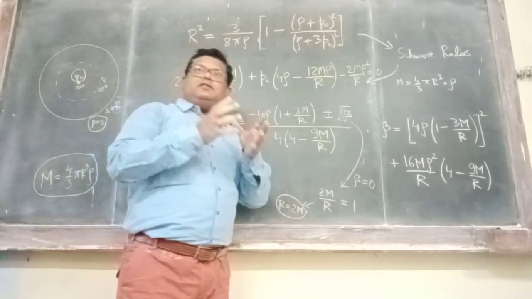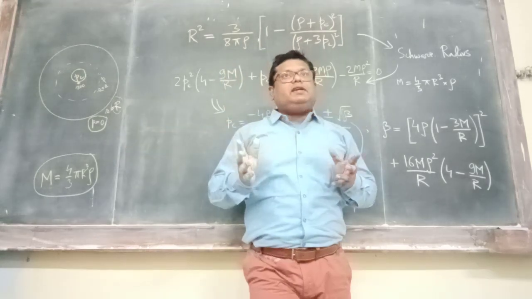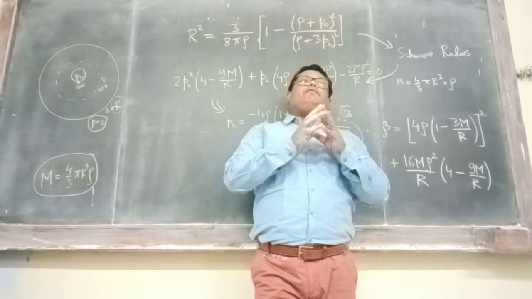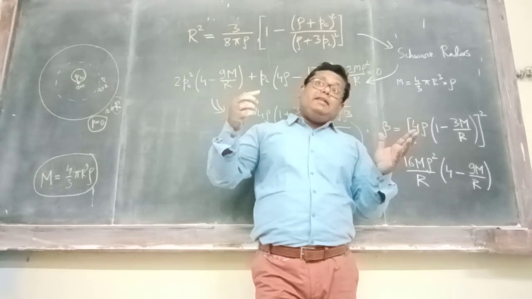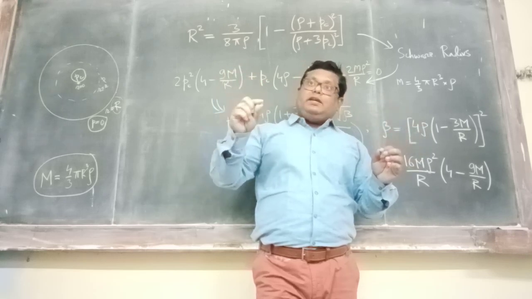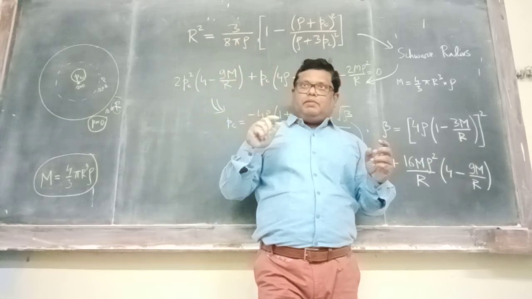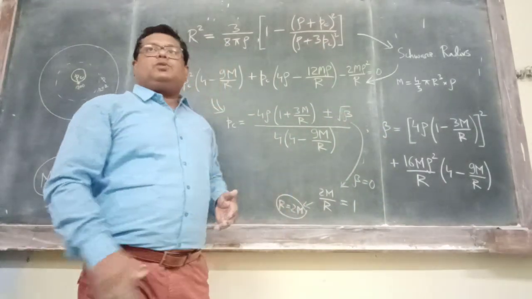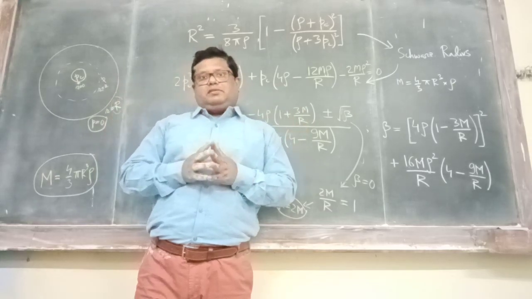So by solving the TOV equation with constant density, we have not only obtained the expression for pressure, we have also obtained the maximum m by r limit. It wasn't just m, it was also m by r, but r is related to constant density, so basically you can say the maximum mass. And next we arrived at the concept of the Schwarzschild radius. So these are the two very important takeaways from today's class.